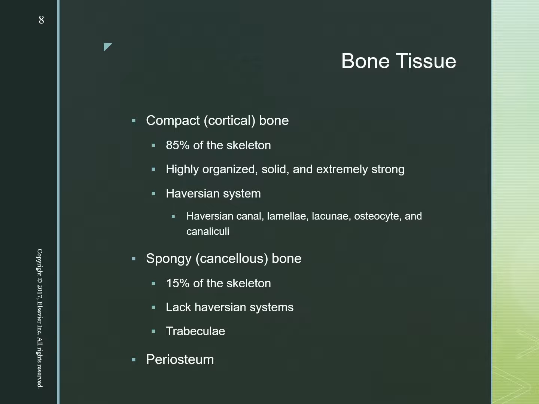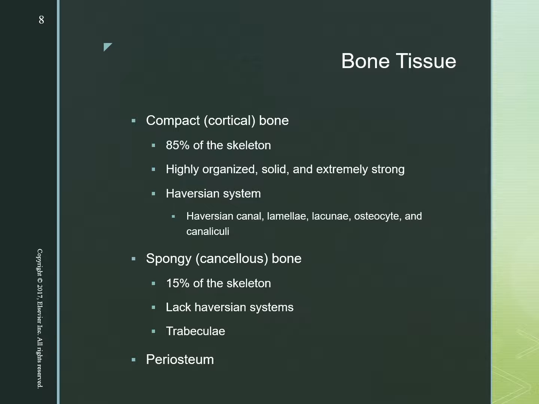So then we go to the spongy bone. It's less complex. The lamellae are not in concentric layers; the plates or bars are termed trabeculae, and they branch and unite to form an irregular meshwork. They make up 15% of the skeleton.